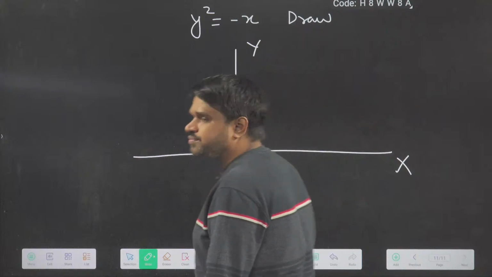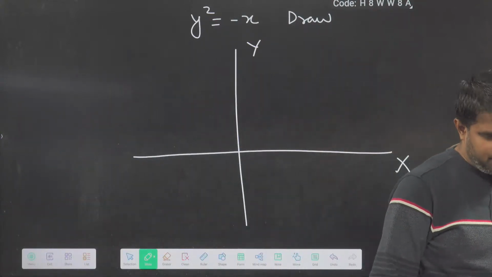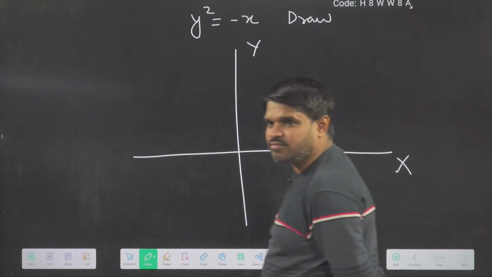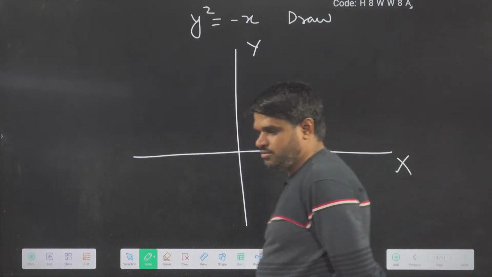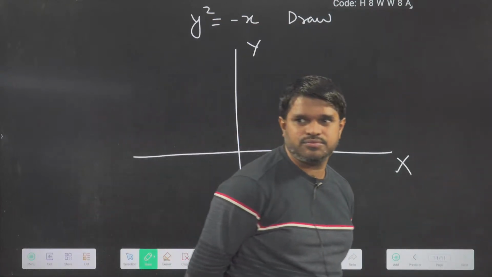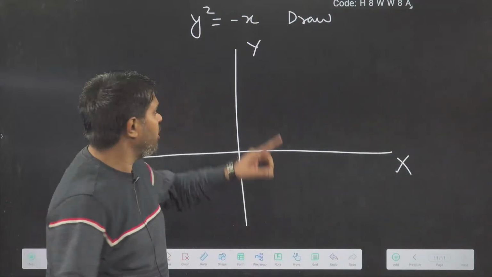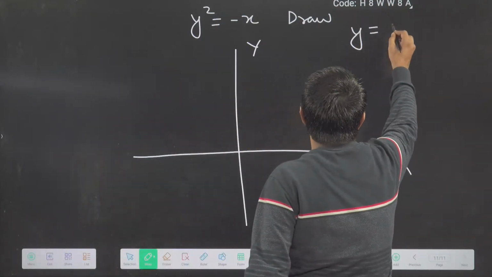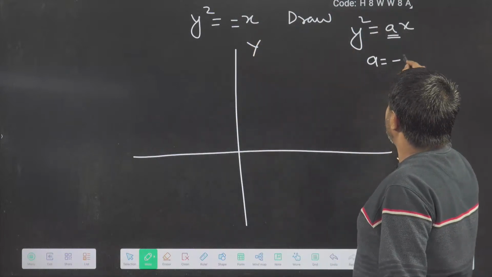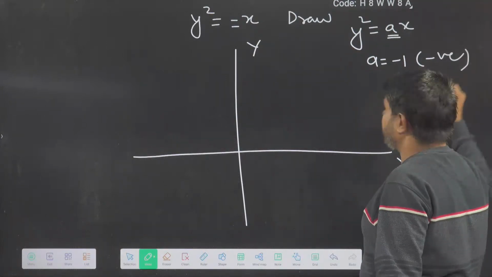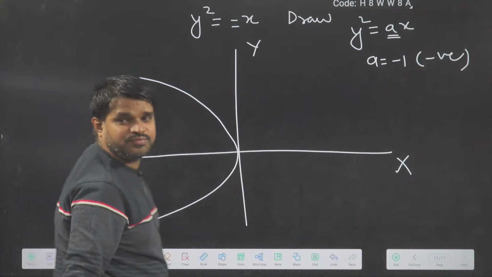X, Y. Y square equals minus x. Okay, so compare y square with ax. What is a here? Minus 1, negative. So the parabola will open in which direction? Left.